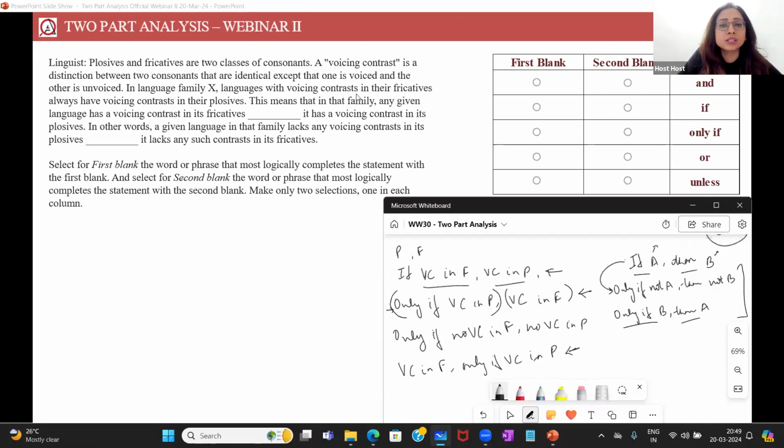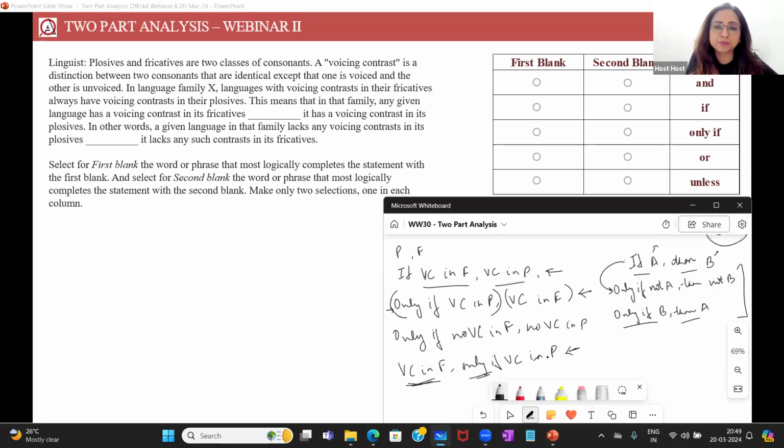So what we have here means that in this family, any given language has a voicing contrast in its F, voicing contrast in F dash, if it has a voicing contrast in P, or only if. Well, of course, we have only if over here, right? VC in F is there only if VC in P is there.